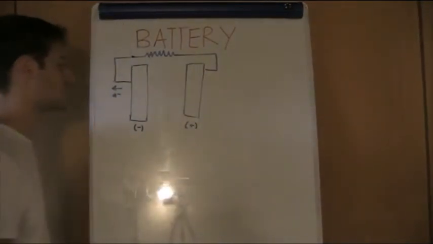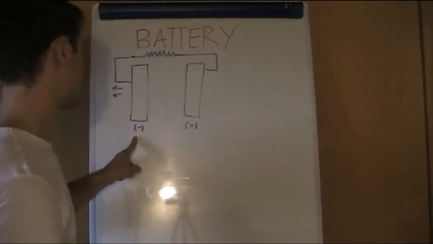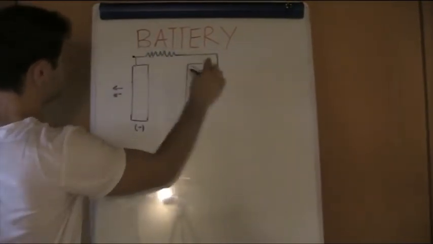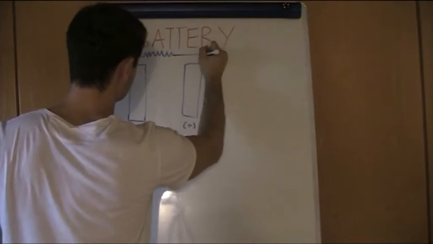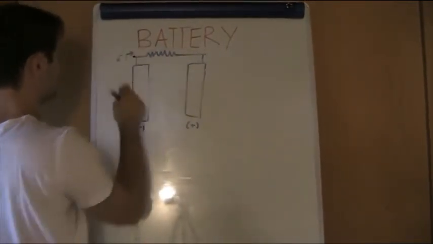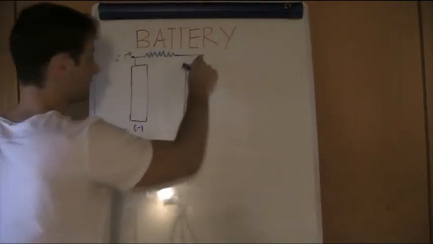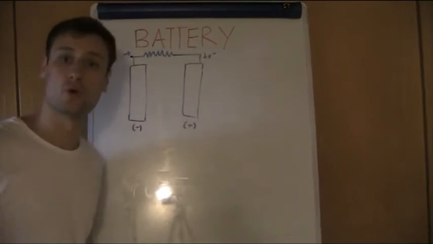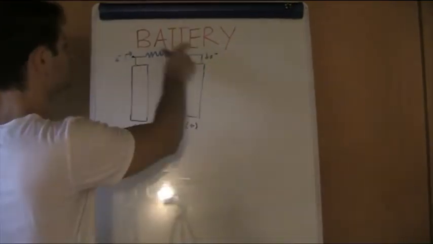Let's write this circuit better. Okay. So what this means is that obviously this potential is smaller and this should be higher in order to ensure the working of the battery, because electrons should follow this trend.